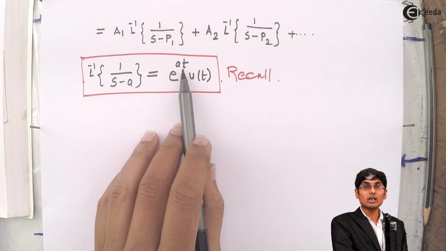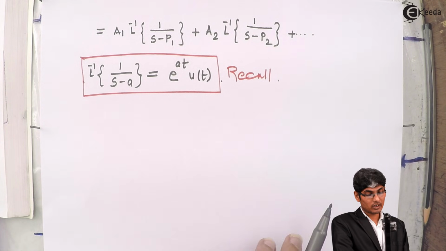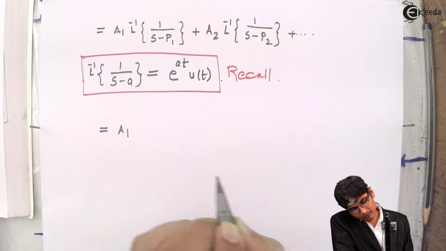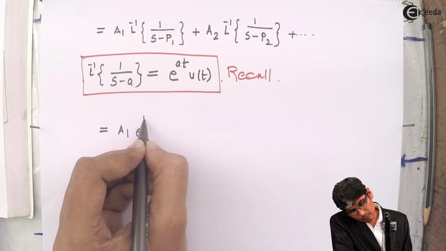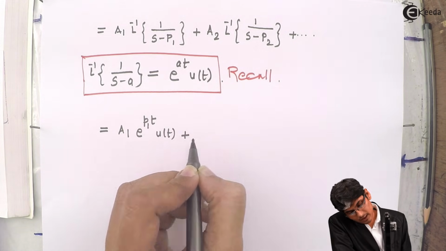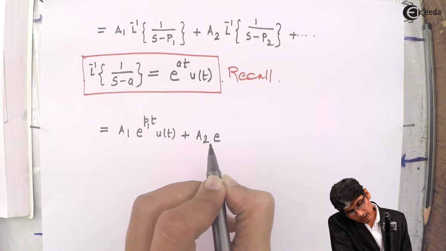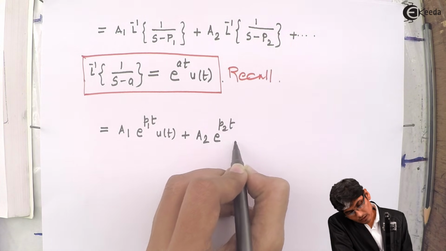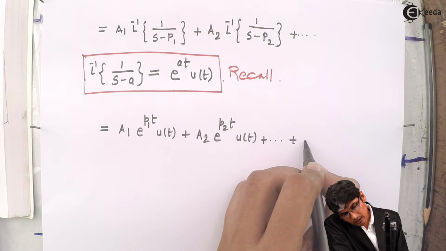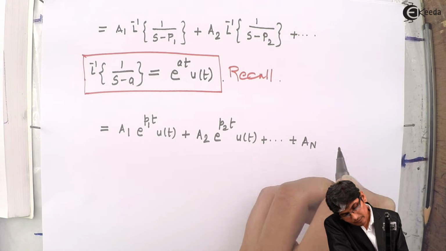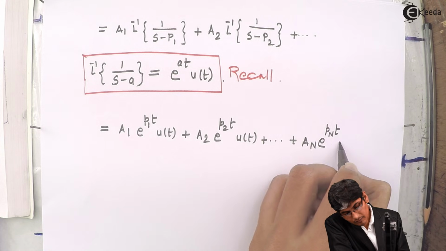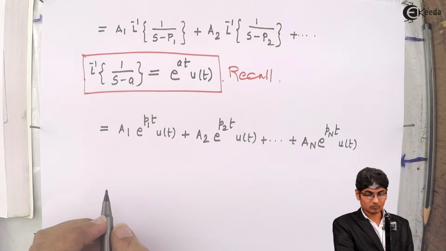If it is minus a, this will be plus. Okay, apply this on the above formula. You will get a1 e raised to p1 t u of t plus a2 e raised to p2 t u of t plus so on till an e raised to pn t u of t.